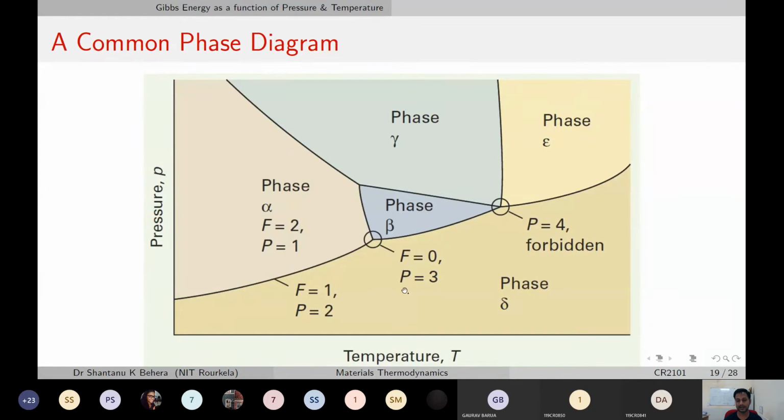All right. If this is the alpha phase and this is the gamma phase, for the alpha phase, this is what is called the primary phase field of alpha. I'm not naming what this material is, but this is the generic one. The stability of this alpha phase is bounded by this area, and this area would be called the primary phase field of the alpha phase. What does it mean, bounded by the area?